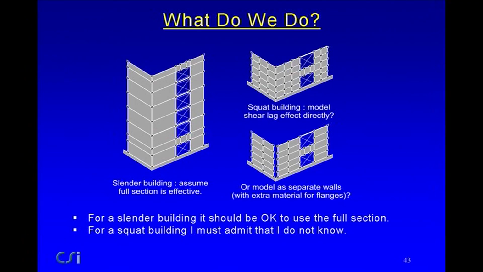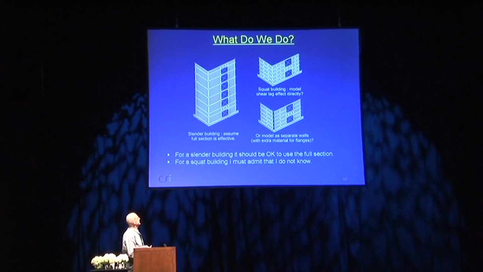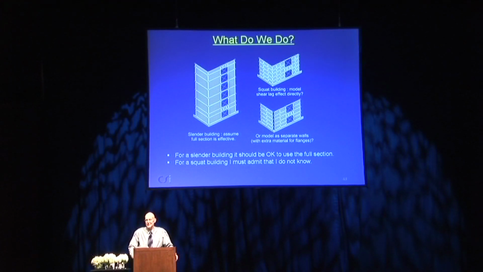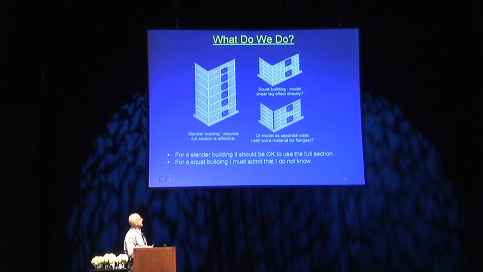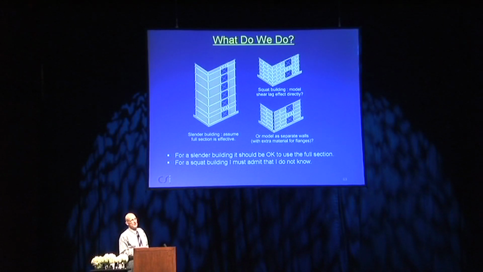So what do we do? If it's a slender building, just assume the full section is effective. The height will probably be sufficient. In almost all tall buildings, you don't have to worry, which is nice. If you have a squat building, you could model it as a three-dimensional structure and hope that the modeling would take care of the shear lag effect.